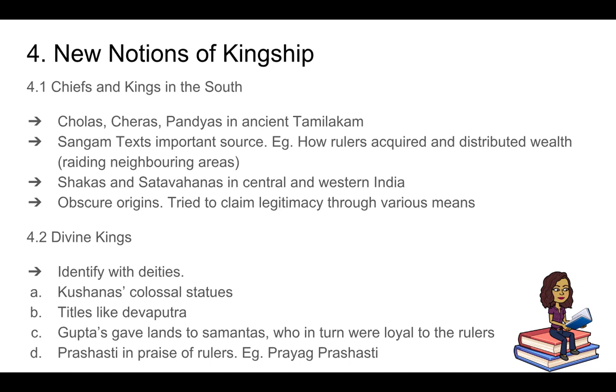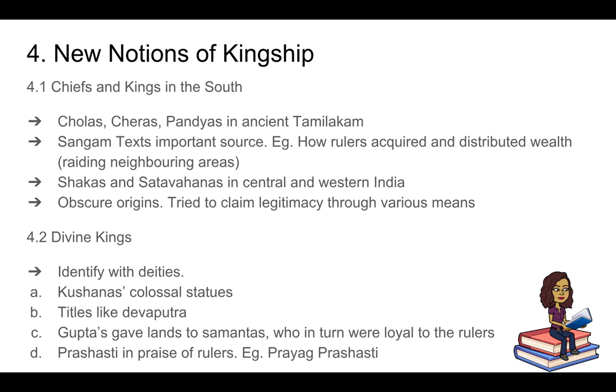We also have the Sangam texts, which form a very important source of information for the chiefs and the kings of southern India, especially when compositions from the Sangam texts tell us about how rulers acquired and distributed wealth by raiding neighboring areas.